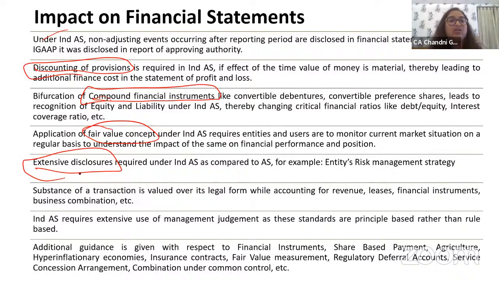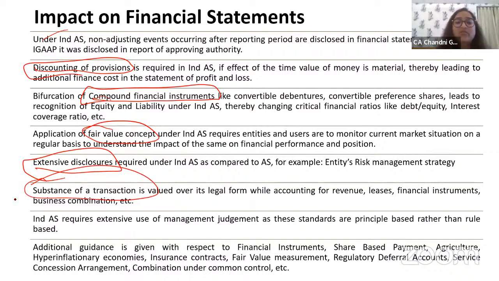These standards do not talk about measurement criteria or recognition criteria, nothing, they are only on disclosures. Ind AS 107, which is on disclosure of financial instruments, and Ind AS 112, which is on disclosure of consolidated financial statements. So these two standards are dedicatedly talking only about disclosures. So now we can guess how important disclosures are in the Ind AS regime, right?